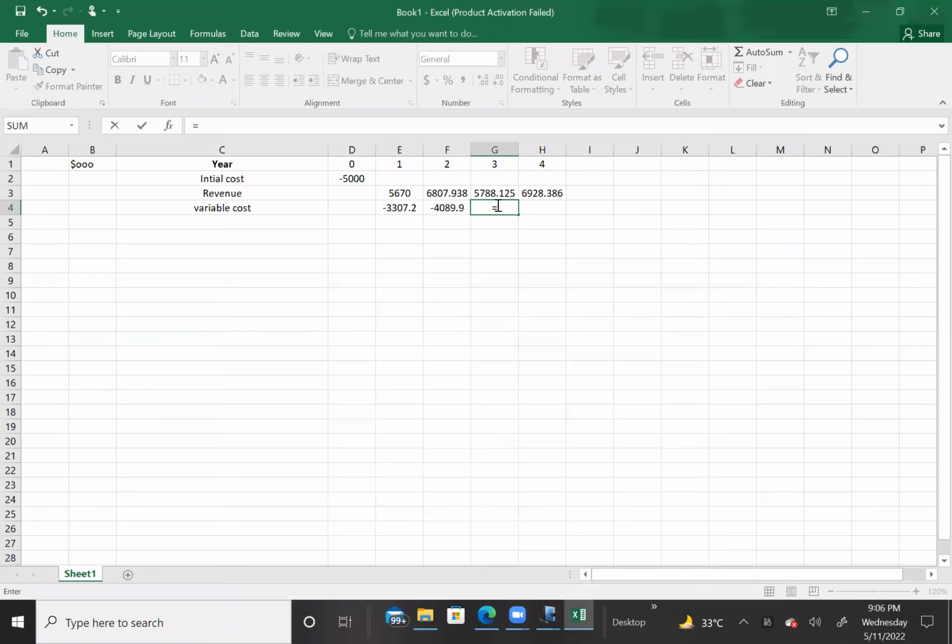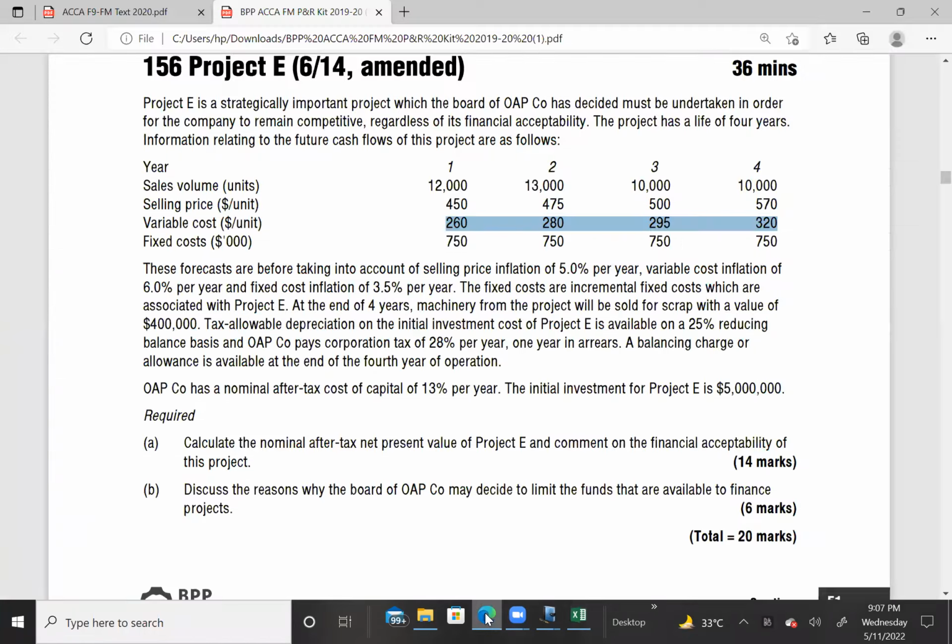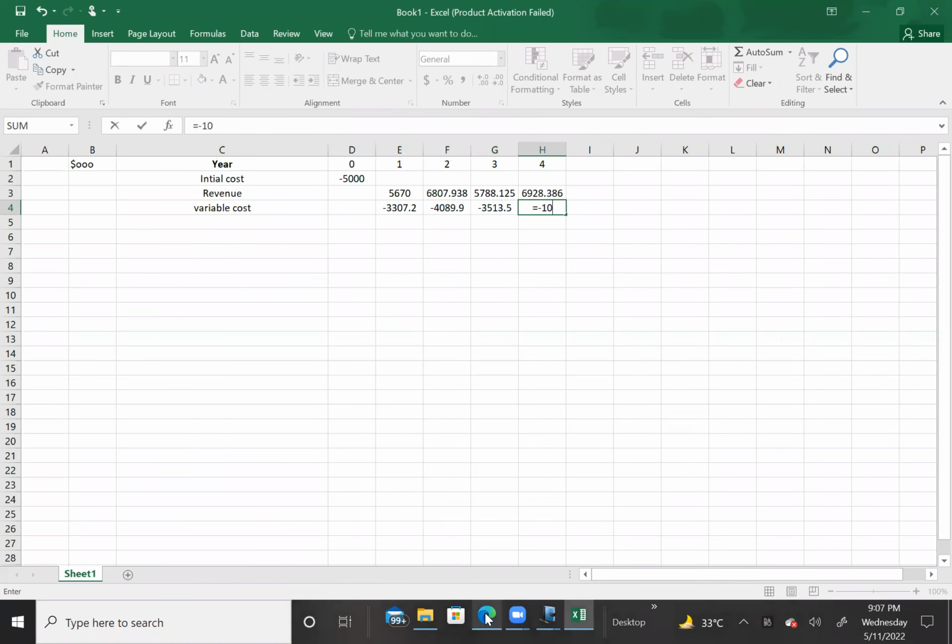Then in year 3, equal to units, which are 10,000, and the variable cost is 295, and into this time 1.06 raised to power 3. And then again, in year 4, the units are again 10,000. Variable cost is 320 into 1.06 raised to power 4.